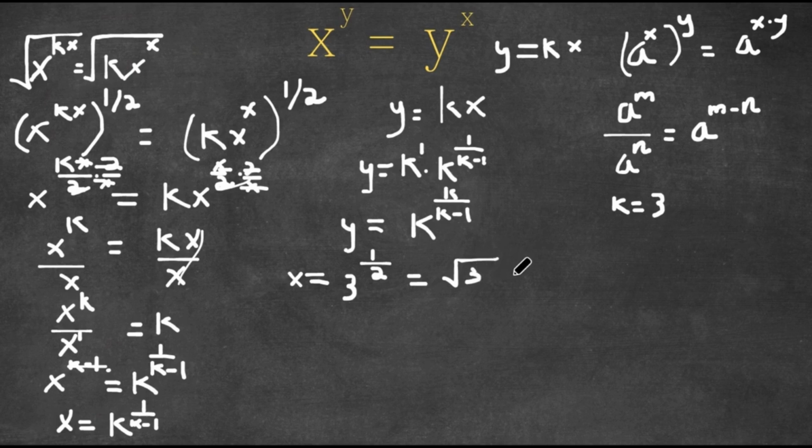So we know that x is the square root of 3. So now if we substitute 3 into the equation for y, we get y equals 3 to the power of 3 over 3 minus 1, which is 2.